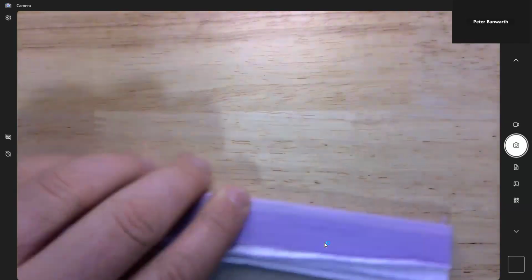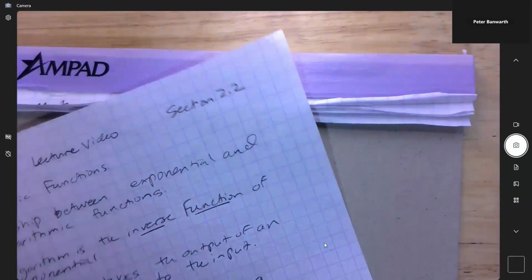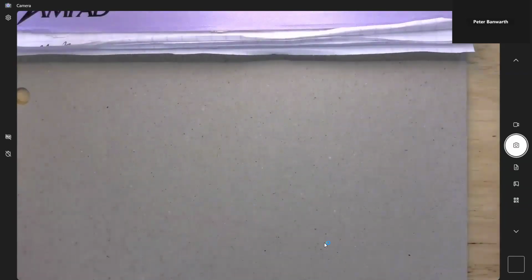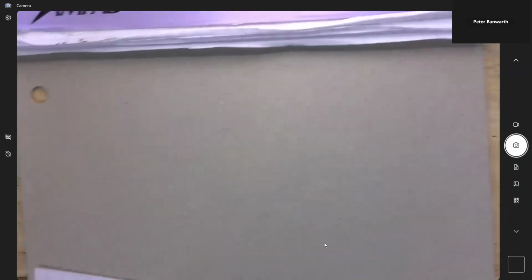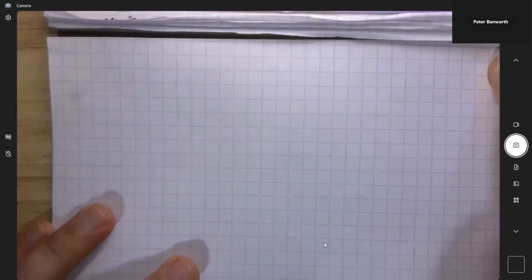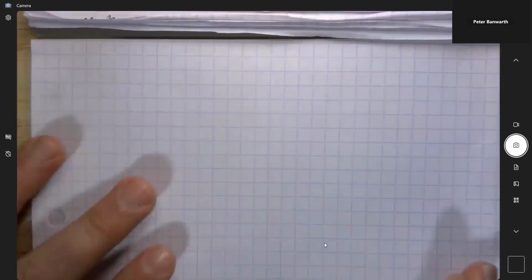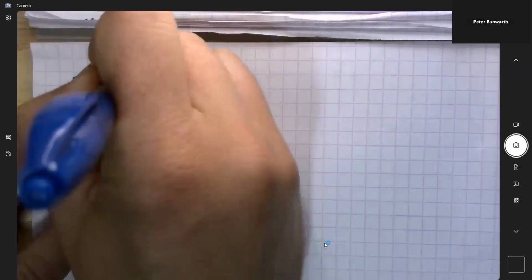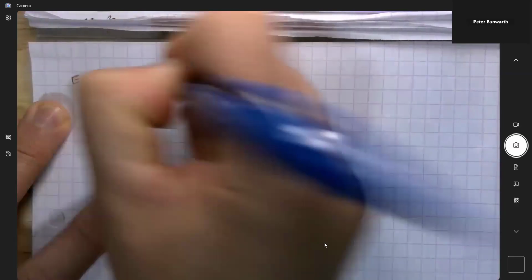But we do have our own notation for logarithm. And to get there, I want you to practice using the verbal representation. So let me give you an example. Here is 3 squared equals 9.